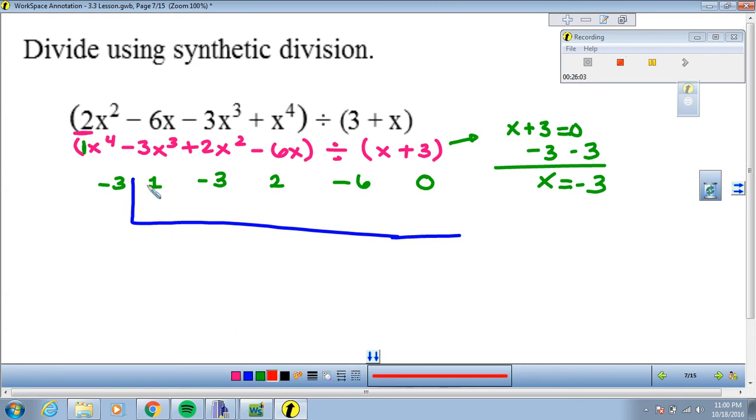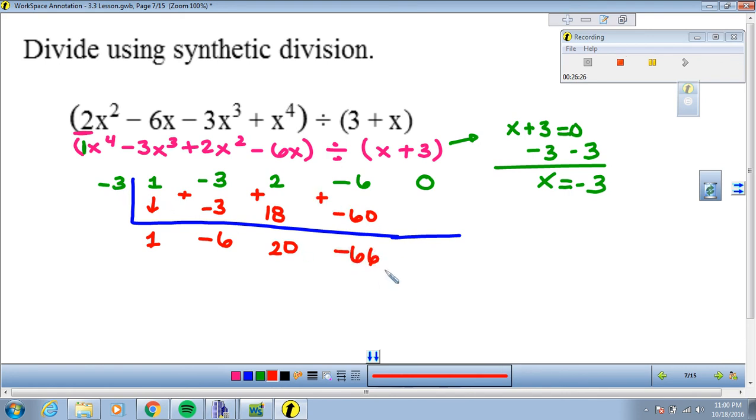Then we move forward with bringing down the 1, multiply negative 3 times 1, it's a negative 3. Adding these two numbers, that's a negative 6. Negative 3 on the outside times a negative 6, positive 18. You add this to 20. Negative 3 times 20, negative 60. You add this to negative 66.